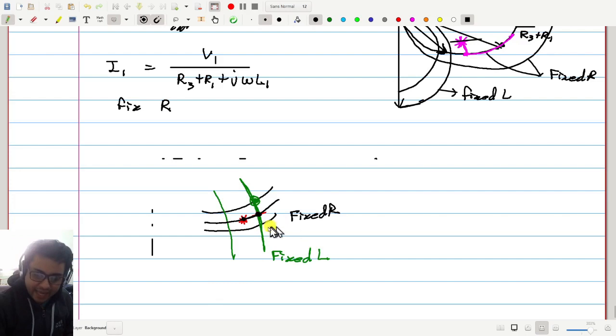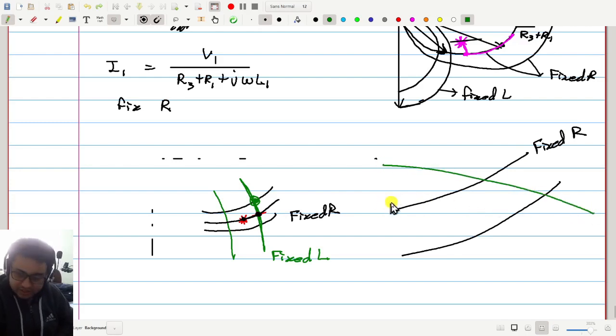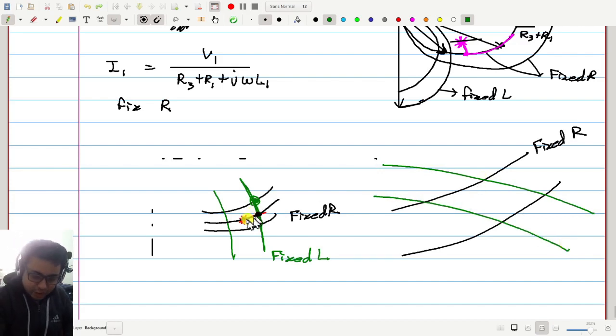But now let us see another situation where these are the fixed R lines just like this, but fixed L lines are like this. In the earlier case they were nearly orthogonal, nearly perpendicular.